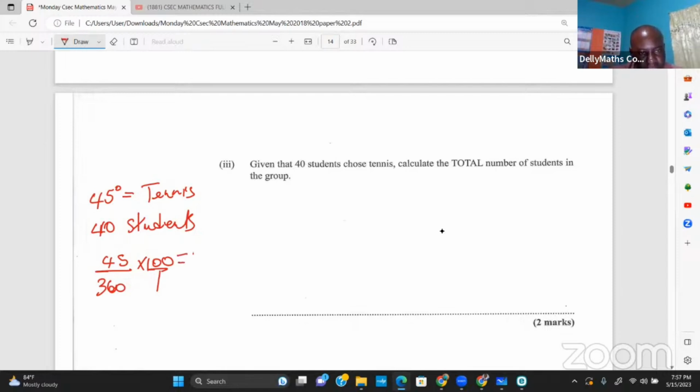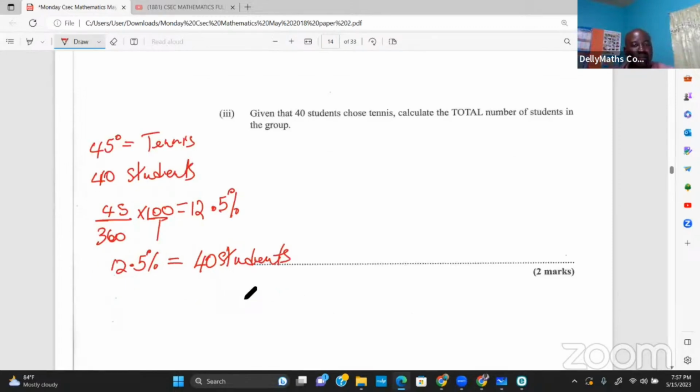And this is 12.5%. So 12.5% is equal to 40 students. I can use this and just go to the answer. All I have to do is divide by 12.5 and multiply by 100 and it's finished. I'm just going to use the teaching method.